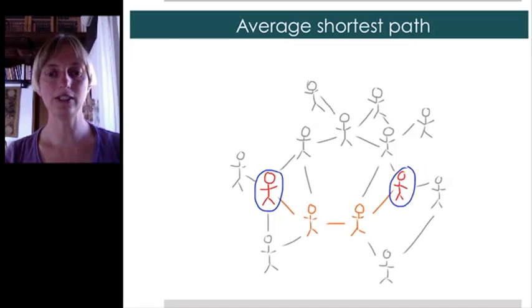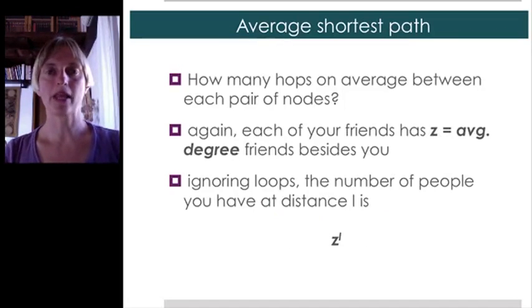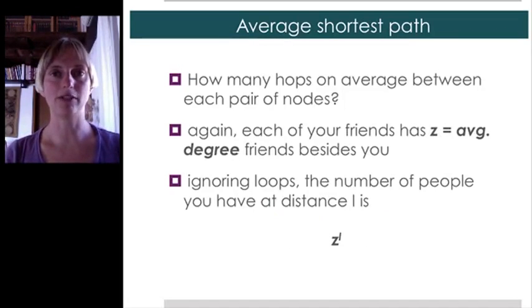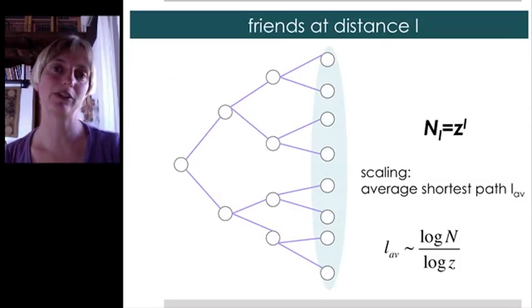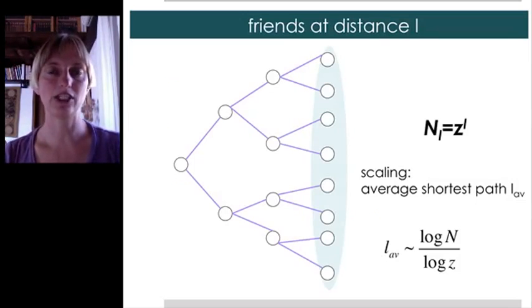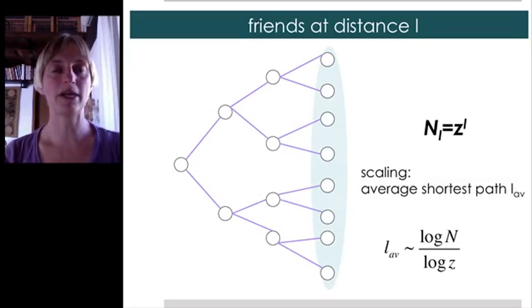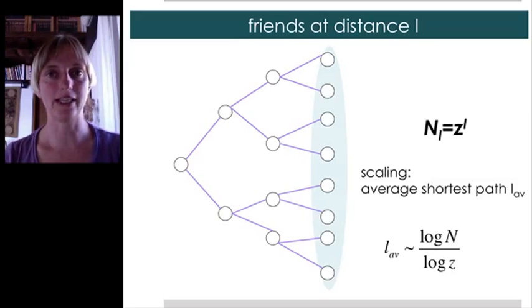Now what we want to know is can we use knowledge about the average degree and properties of the Erdős-Rényi random graph to figure out how the average shortest path should scale with the size of the network? So the calculation that we're going to do, and it's going to be an approximation. It's actually extremely difficult to derive exact relationships for the exact shortest path for a particular model, but for many of them you can figure out what the general scaling is going to be.